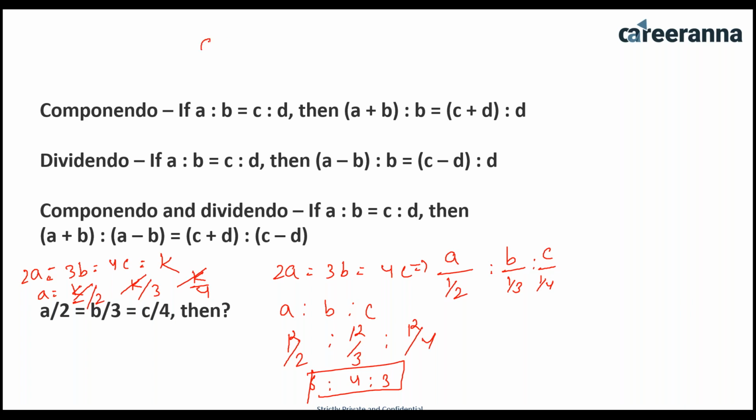Okay, guys, tell me one thing. If A by B equals 3 by 4, what is the value of 3A by 3B? Then 3A by 3B equals A by B equals 4A by 4B equals 5A by 5B. Can we do it like this?